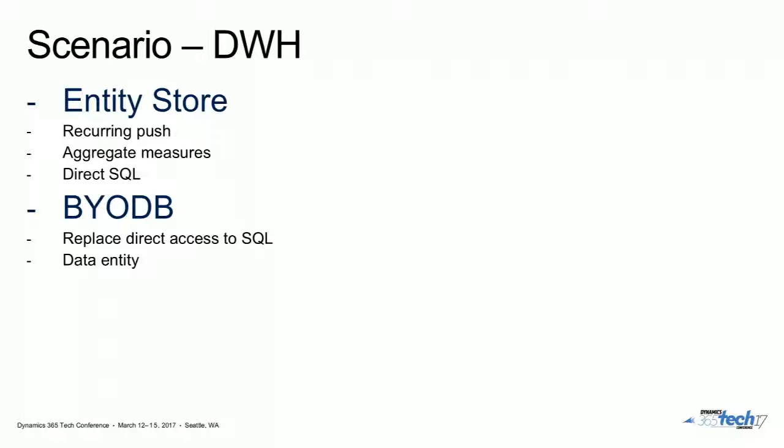So I'll cover one more thing when we discuss tricks and tips. So behind the scenes, SSIS is doing this. So it's grabbing data from D365 and pushing it to bring your own database.